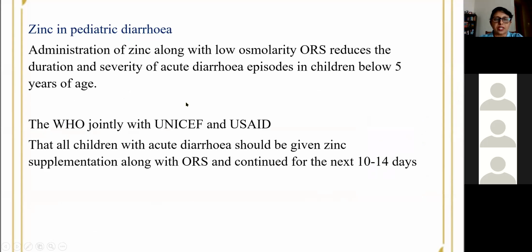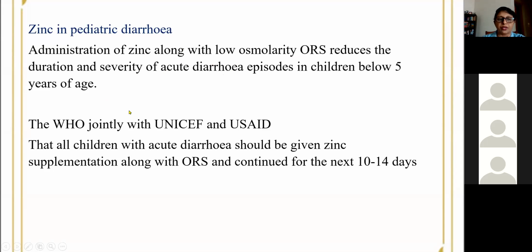Now, zinc. This is a discovery that zinc should be added for children with diarrhea. What happens if you administer zinc along with low osmolarity ORS? It reduces the duration and severity of acute diarrhea episodes in children below 5 years of age.